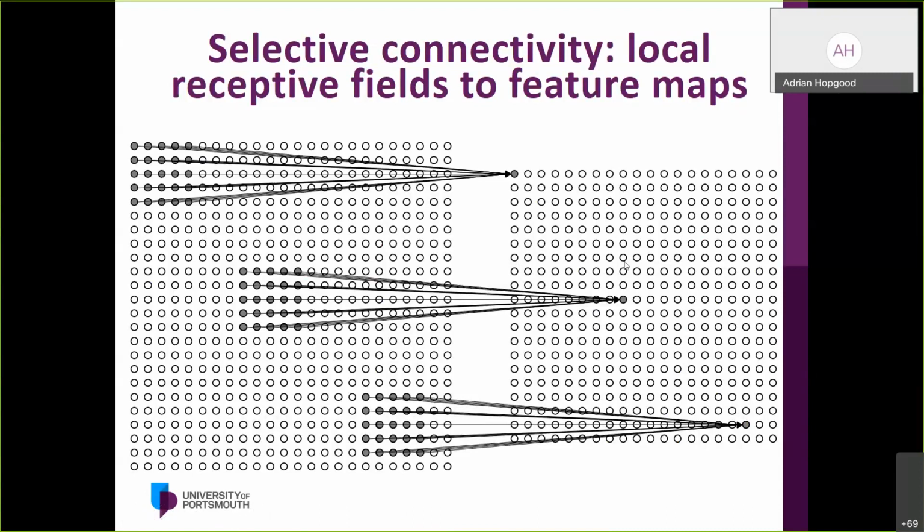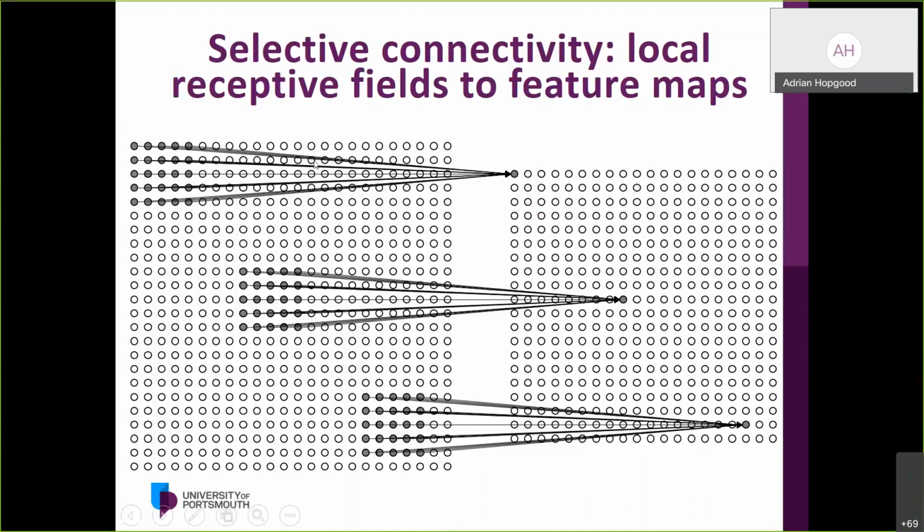So the way in which those connections are done, this is the input layer on the left. This is the next layer, the so-called feature map, the next layer up. If this were designed the same way as the multi-layer perceptron was, the idea of totally connected, then every node in this right-hand layer would be associated with every node in the left-hand layer. That is not the case with the convolutional neural network.